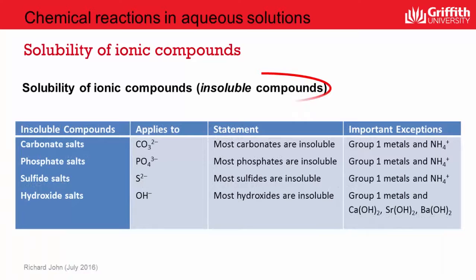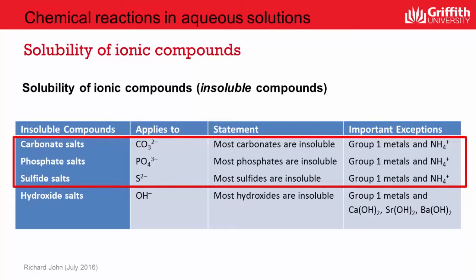This table here shows a list of insoluble compounds. Most carbonates, phosphates and sulfides are insoluble, but the exceptions being, we can't break the rules from the previous page. So group 1 metal carbonates and group 1 metal phosphates and group 1 metal sulfides, etc. are soluble in water, but all other carbonates, phosphates and sulfides are insoluble.